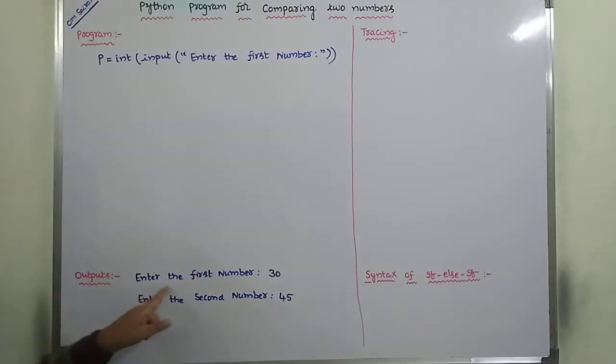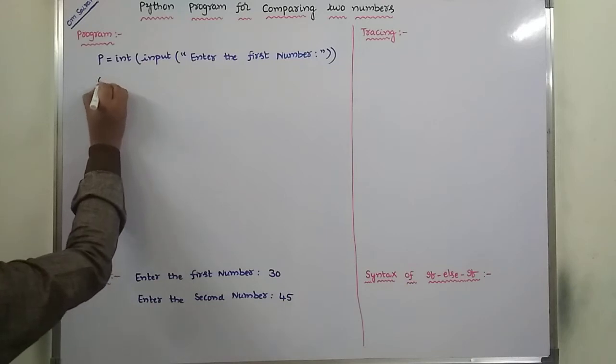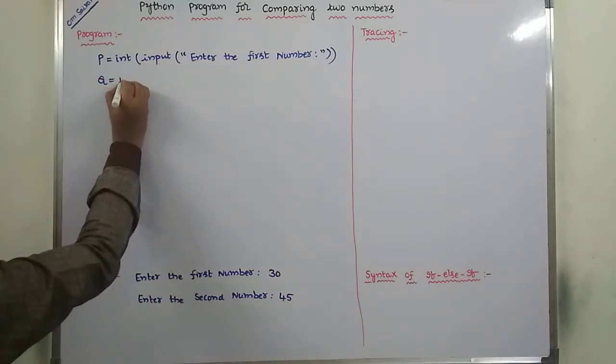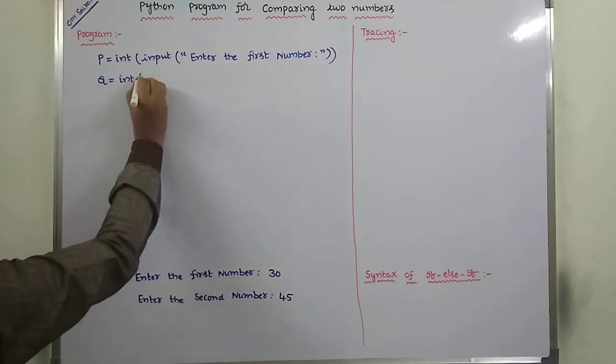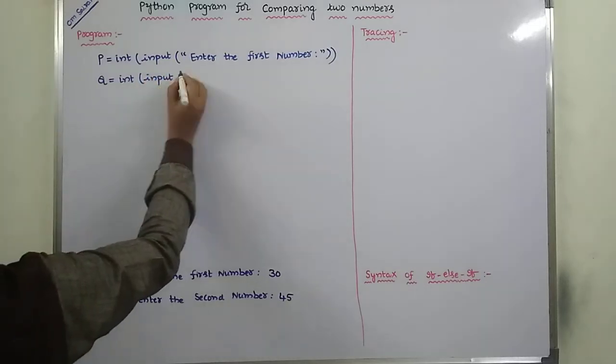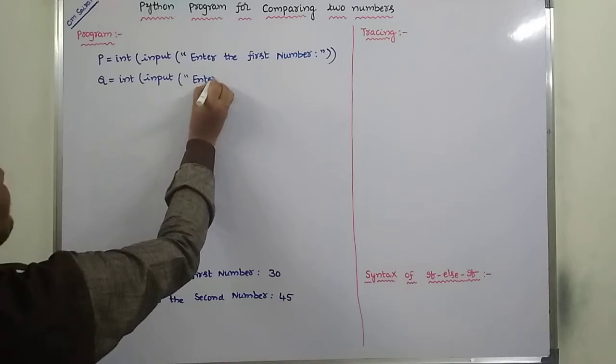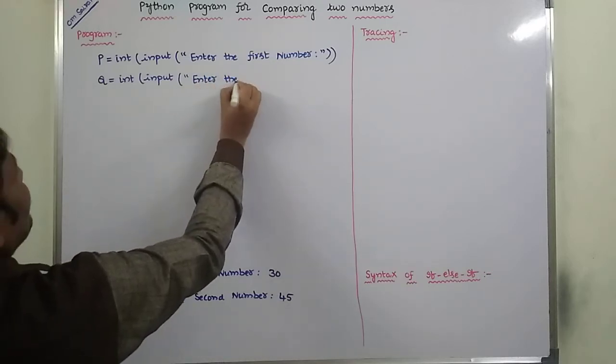So this line is completed. Now we go for entering the second number. Q is equal to int of input of "Enter the second number".